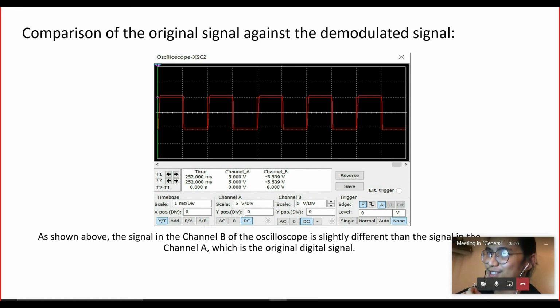So this is the comparison of the original signal against the demodulated signal. Here the original signal is in channel A and the demodulated signal is in channel B. Here you can see that the original signal is 5 volts, but the voltage in channel B, which is the demodulated signal, is 5.5 volts.